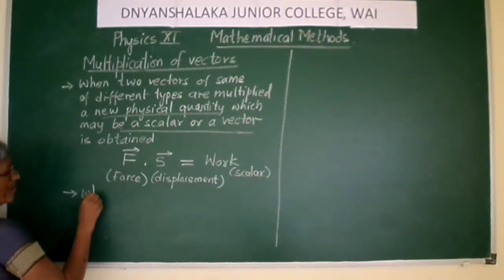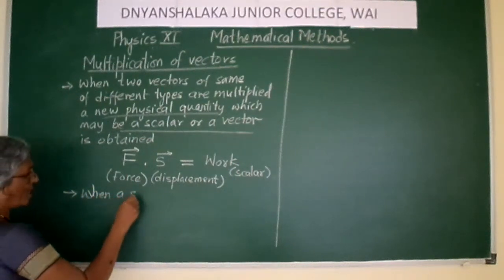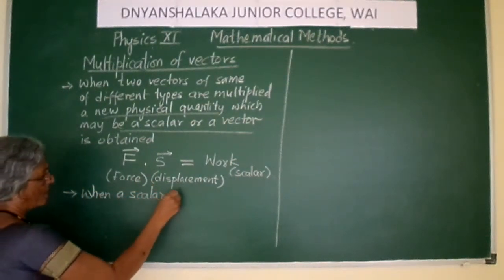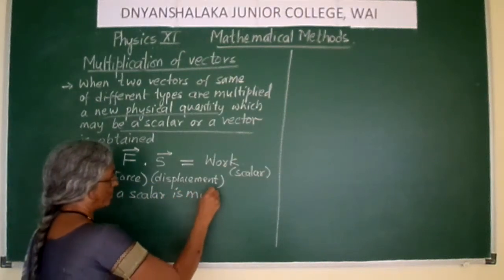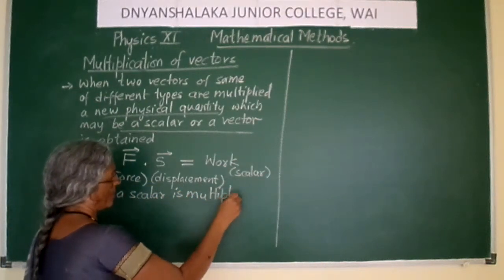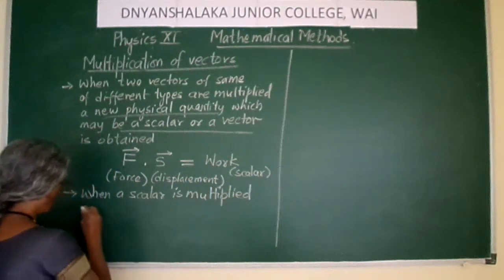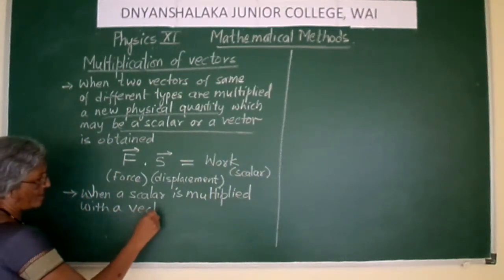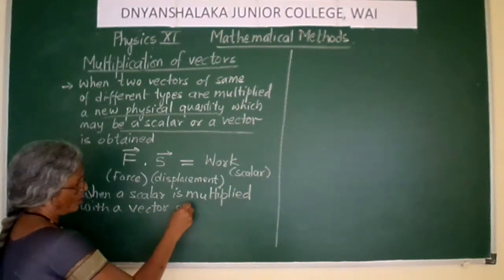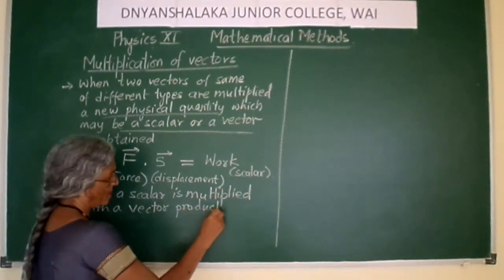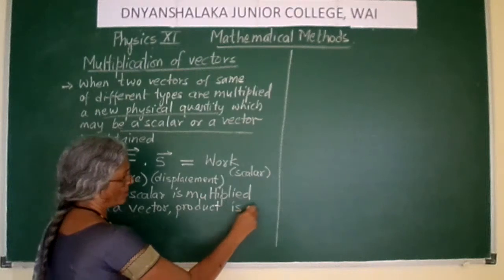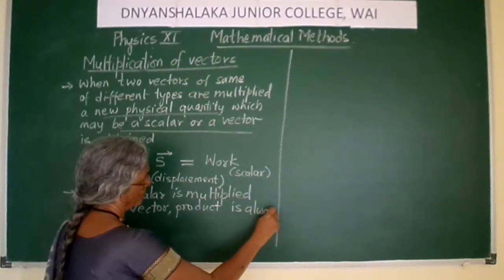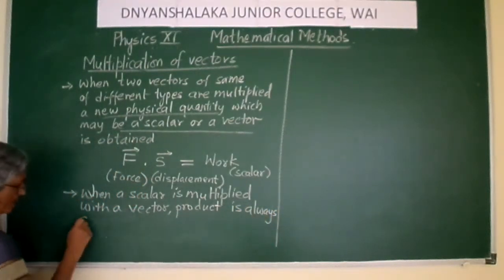So when a scalar is multiplied with a vector, the product is always a vector.